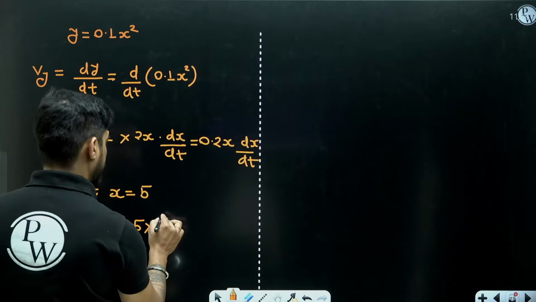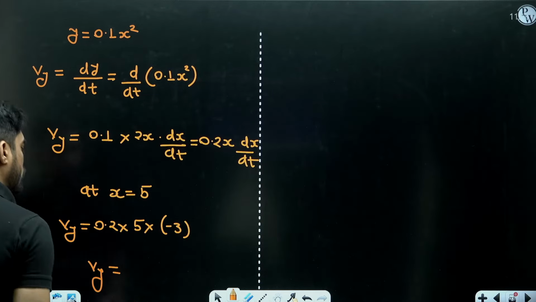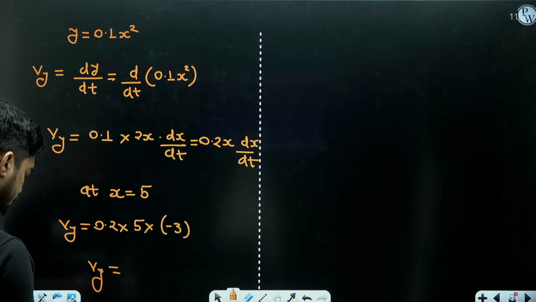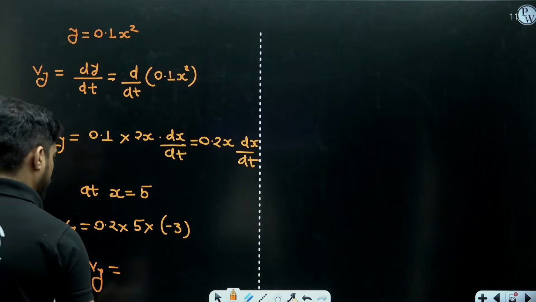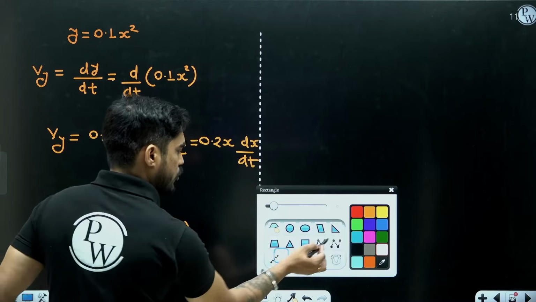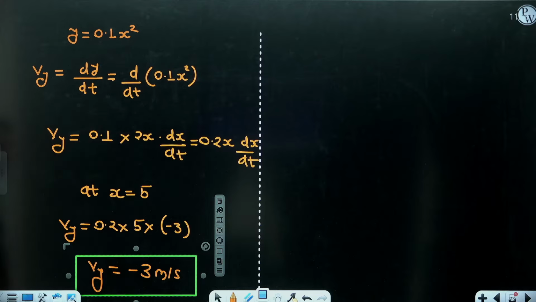Dx by dt at x equals to 5 is minus 3. So we will get the value of Vy. So it will be minus 3 meter per second. So we have got the velocity in y at x equals to 5, minus 3 meter per second.